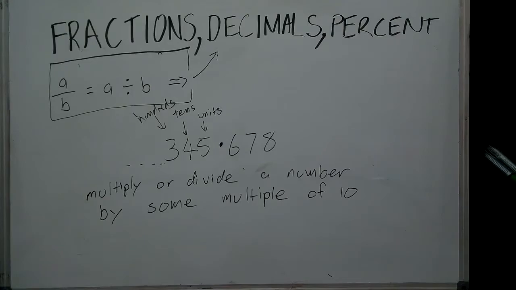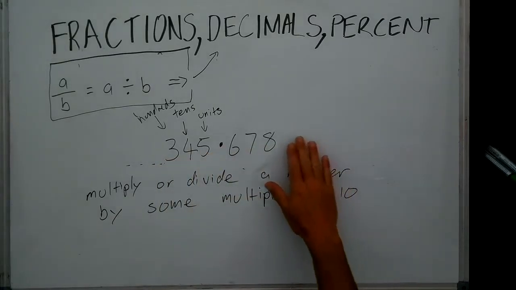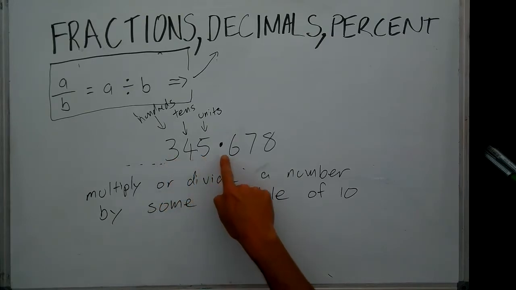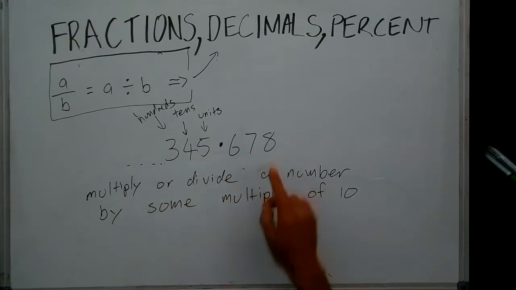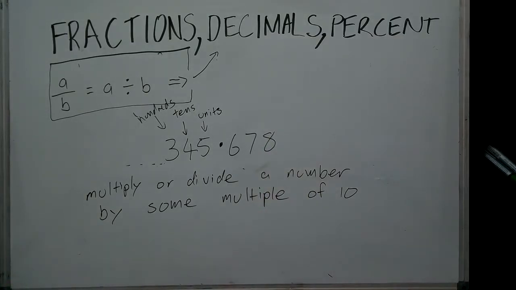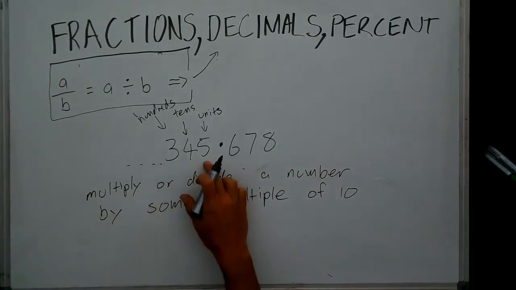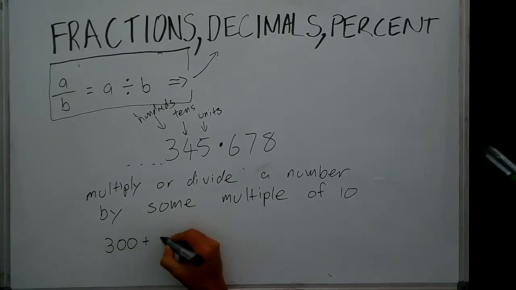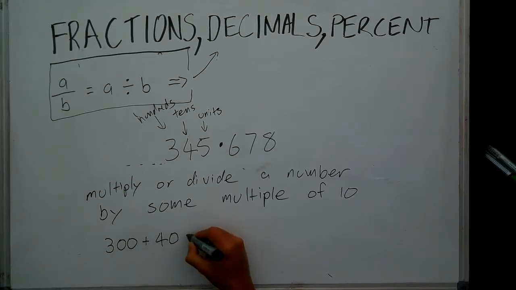I think in order to relate decimals and fractions, forget the whole numbers. Really, I'm going to rewrite this number, but I'm going to, let's say, break it apart into its different bits, and I'm going to add them all together. So this bit you'll be familiar with. So we've got 300, and then I'm going to add 40.